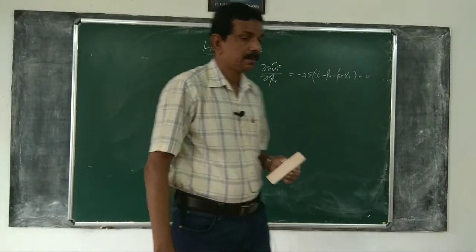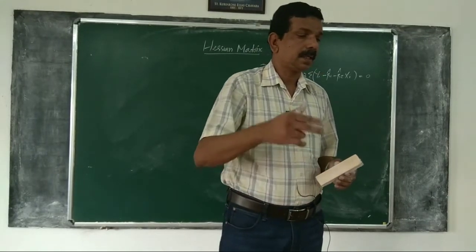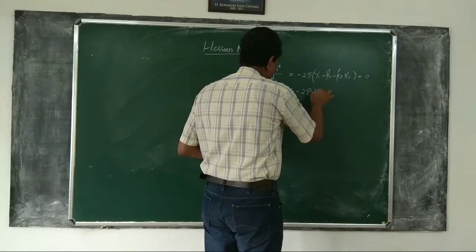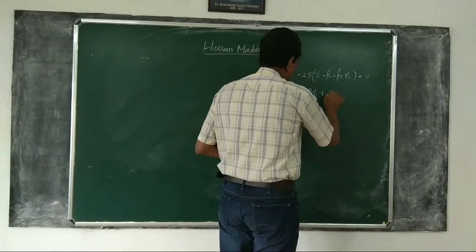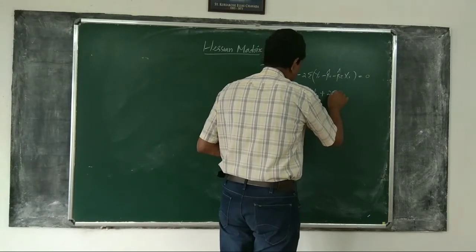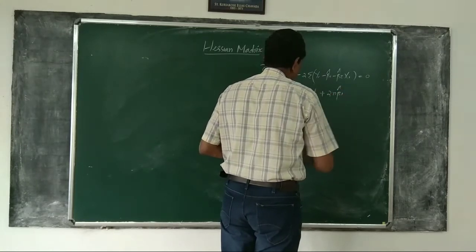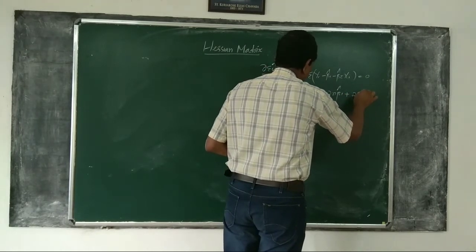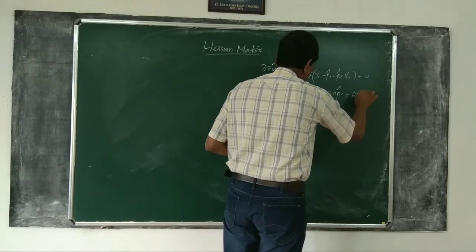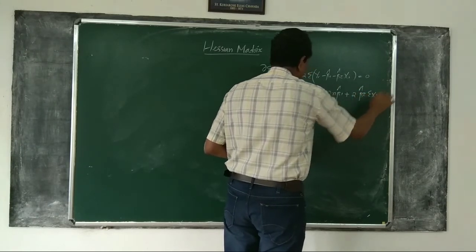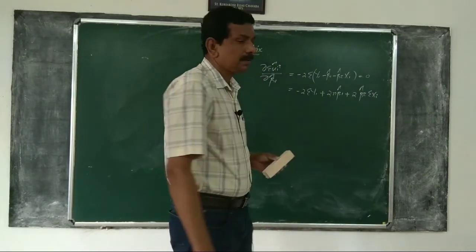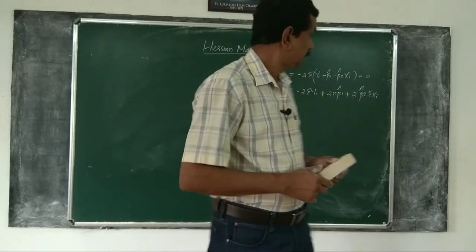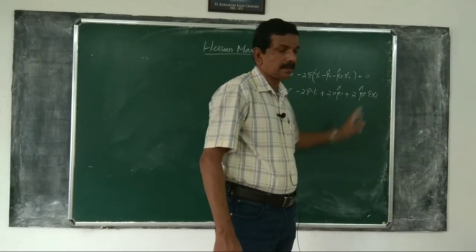This can be expanded as minus 2 into sigma yi plus 2 n beta 1 hat plus 2 beta 2 hat sigma xi.